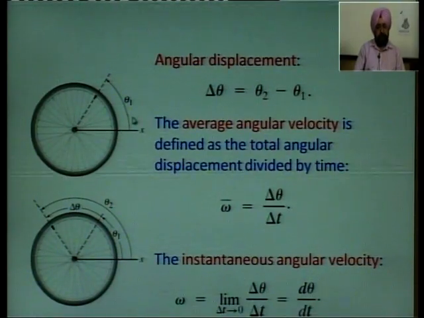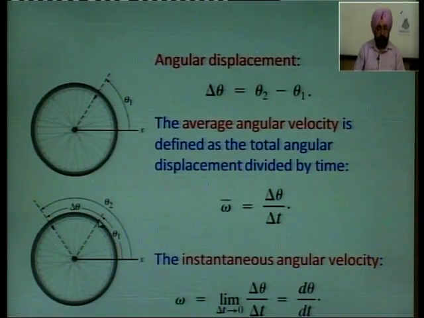So, angular displacement, as we had said, is simply the difference of the angle through which the body has moved. Say it moves from this reference line to this point through an angle theta 1 and then it moves through an angle theta 2. So, this difference is what is called angular displacement, theta 2 minus theta 1.